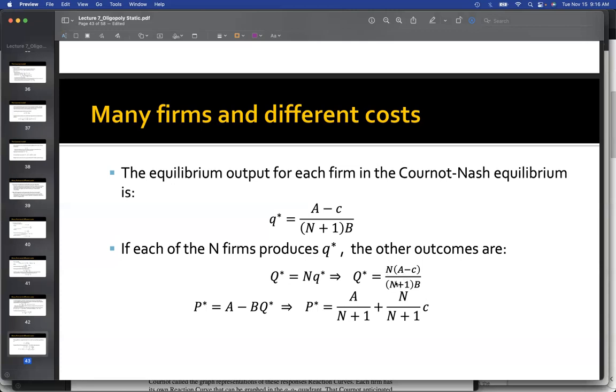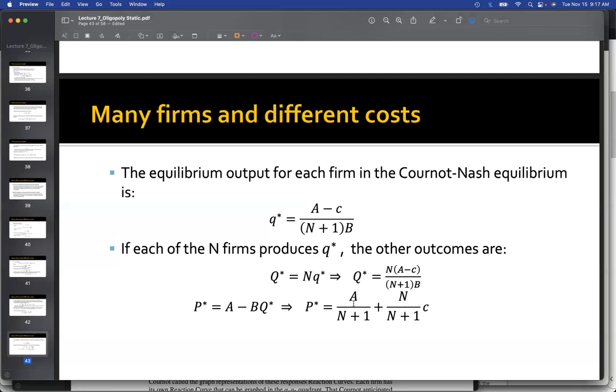So the bigger the n becomes, the more these two things will cancel out, and it will approach a minus c over b. And in the same way that the price will be this, and as n becomes very large, n divided by n plus 1 will become 1. So price becomes c.